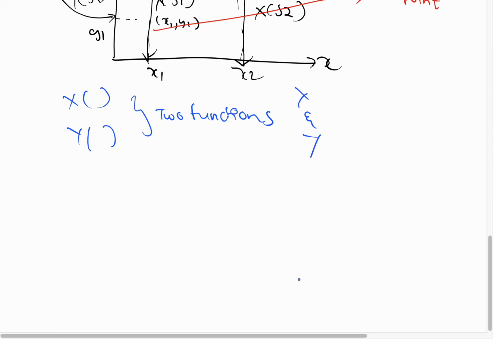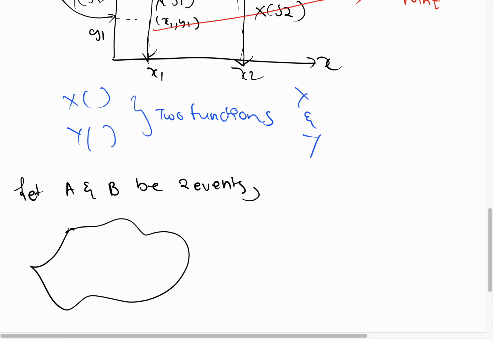Let us try to understand it more clearly, right. For this, let us consider two events. Let A and B be two events. If I have my sample space S, just ignore my art, let A be an event and let B be another event.